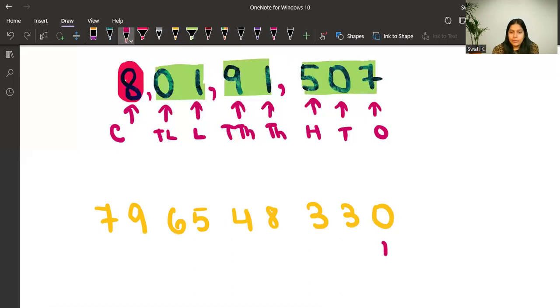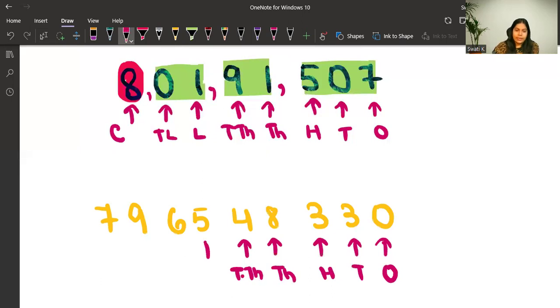So what is the place value of 0? Ones, right? What is the place value of 3? Tens. What is the place value of again 3? Hundreds. Then thousands. Then 10,000s. Then lakh. Then 10 lakh. Then crore. And then 10 crore. So same concept again, right?